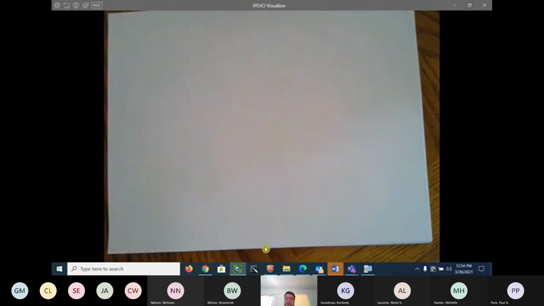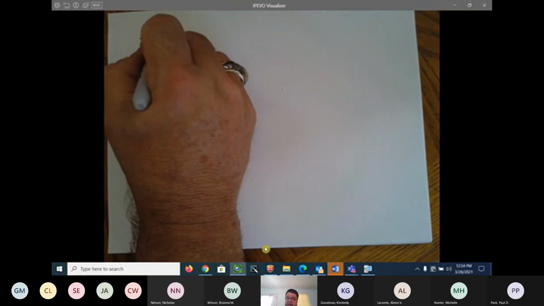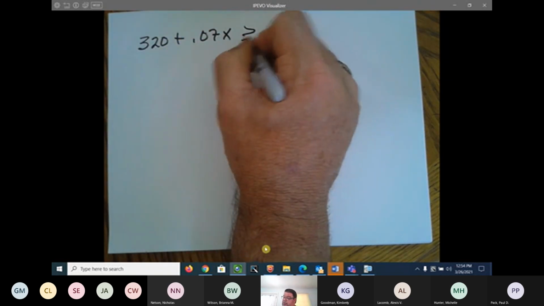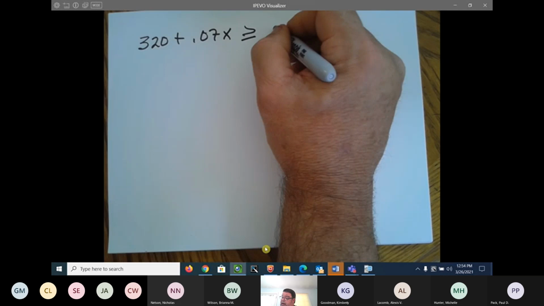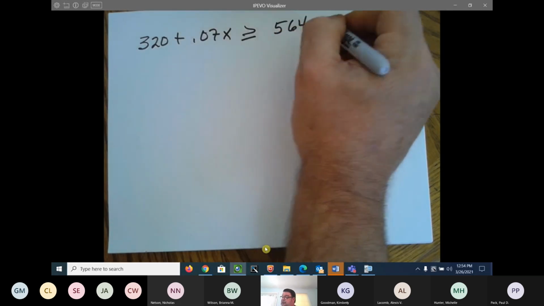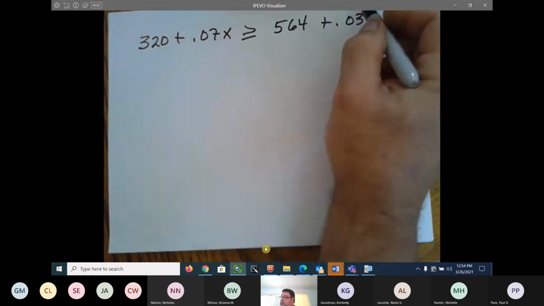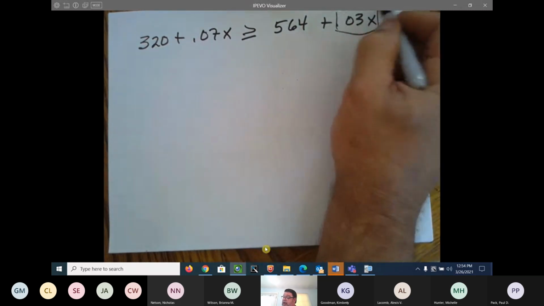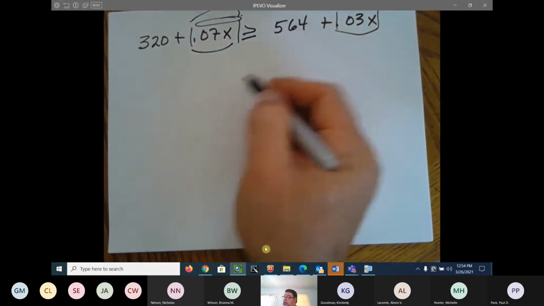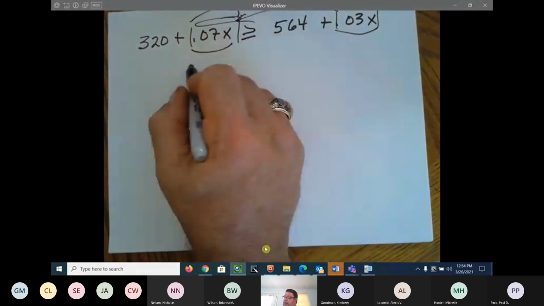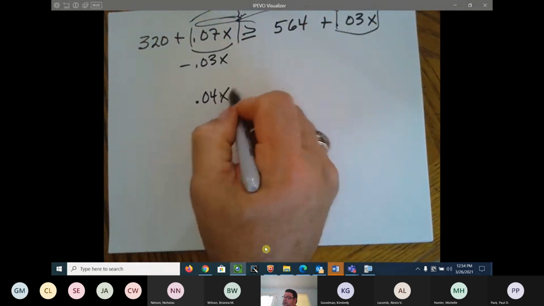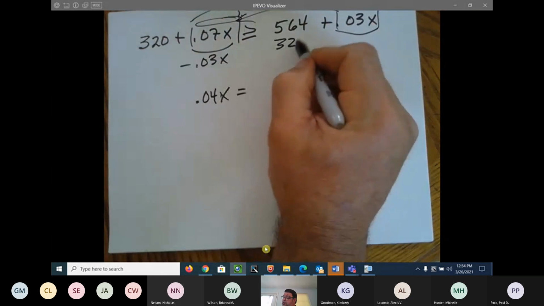So that's going to be 320 plus 0.07x is greater than or equal to 564 plus 0.03x. You're still going to do it the same way. It's just that I multiplied by 12. I thought they were talking about it per year. And this is the smallest bucket. So minus 0.03x, 0.04x is equal to 564 minus 320.